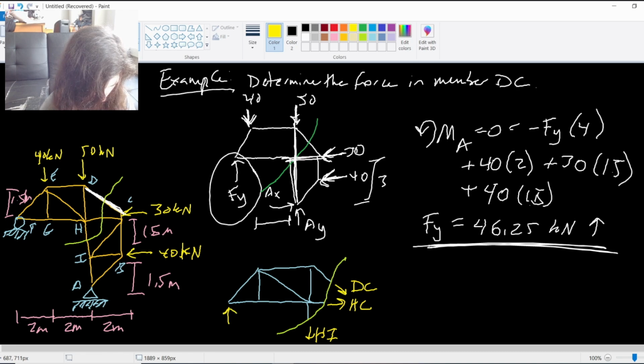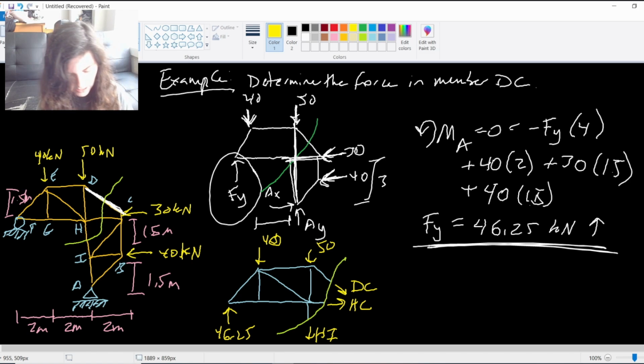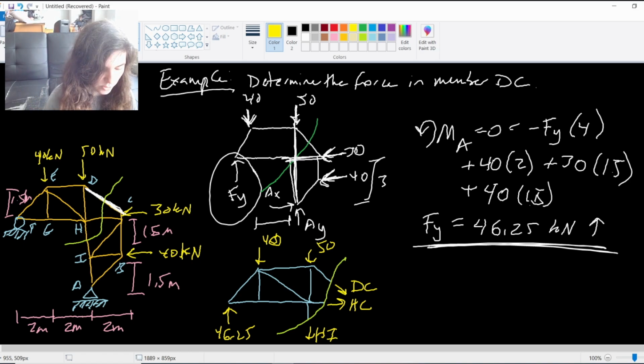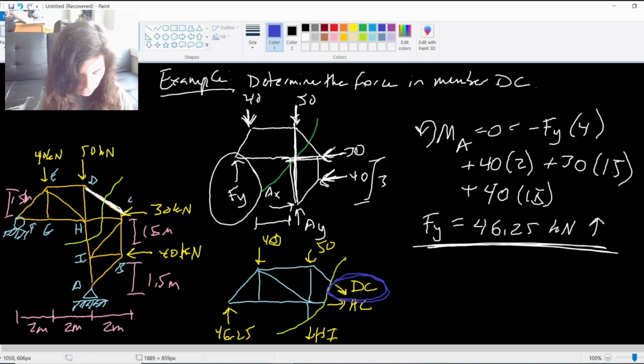We just solved this Fy is 46.25 and then those given applied forces of 40 and 50 on E and D. So since I want to just find member DC, this is really the only one that I'm interested in. I don't care about HC, I don't care about HI.